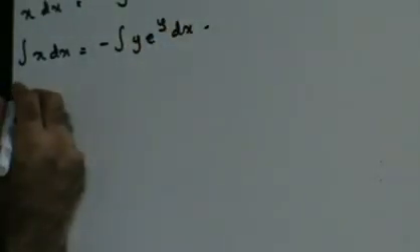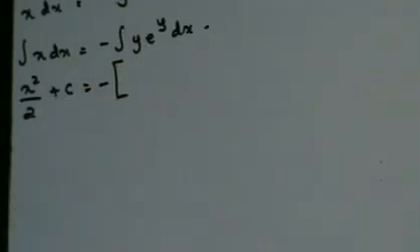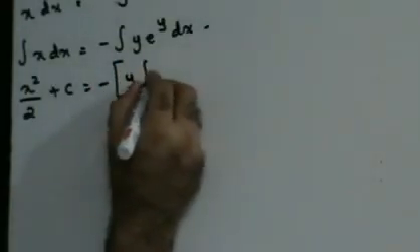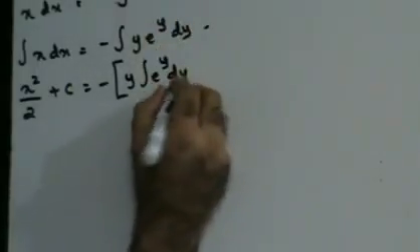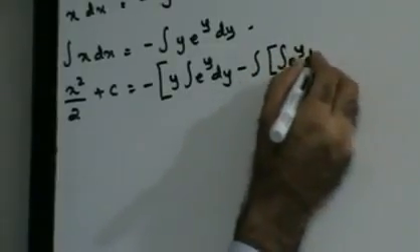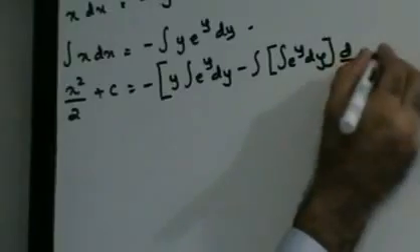Integral of x dx is nothing but x square by 2 plus c. As it is here, you will use parts. y is algebraic, e raised to y is exponential. So u integral of v minus integral of v derivative of u dx.